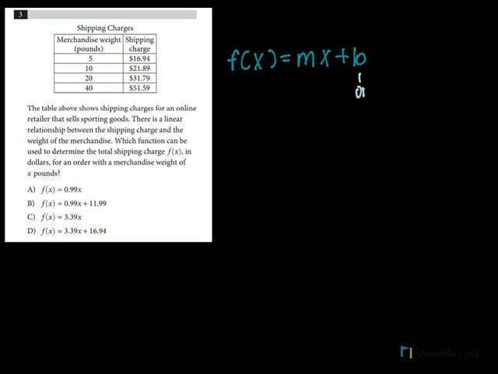So here b is the one-time charge. Let's write this out. For shipping any weight in pounds of merchandise, whereas m would be the additional shipping charge.